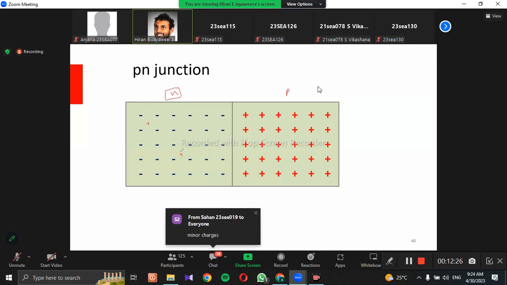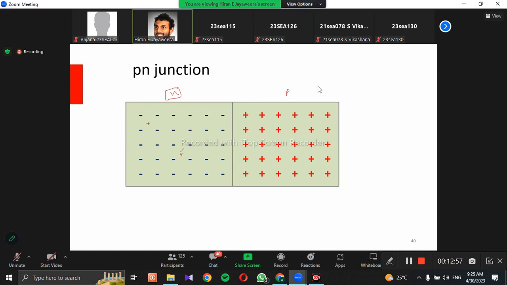Of course. There are two mechanisms to have free electrons or free holes. One is the increase of temperature. The electrons in the valence band jump to the conduction band, so we make an electron-hole pair. We get a free electron as well as a free hole, but that's a very small number of particles available at room temperature.